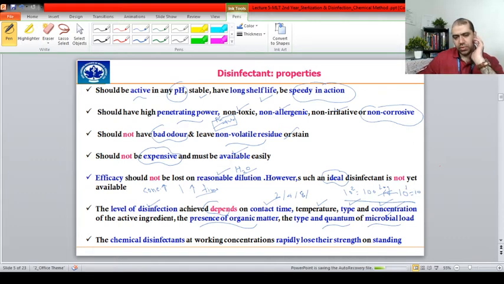So it is about how much load of bacteria or any microorganisms you want to shed from your working place. Now the chemical disinfectants should work at a given concentration. When you use it at a particular concentration, it should not lose its strength when you keep it standing for a long time once you have prepared the disinfectant.